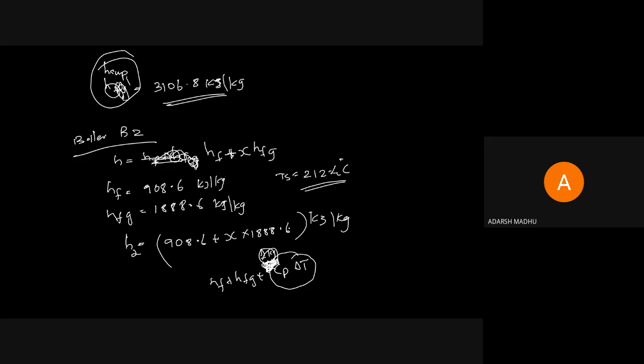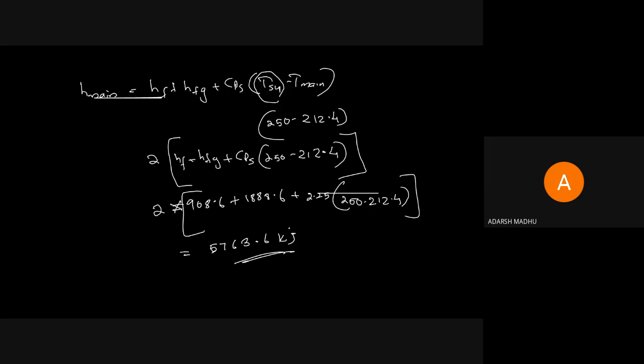Second one, we don't get a value because there is a dryness fraction, since it is saturated steam. Therefore, 908.6 plus x into 1888.6 is the value. Then the third value, that is H main, is 5763.6 kilojoule. So write down the equation.